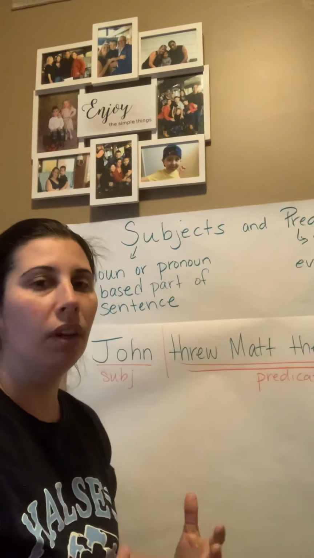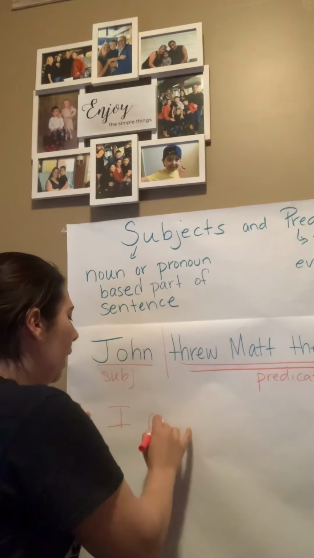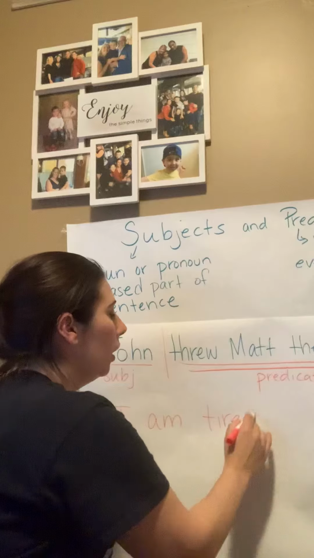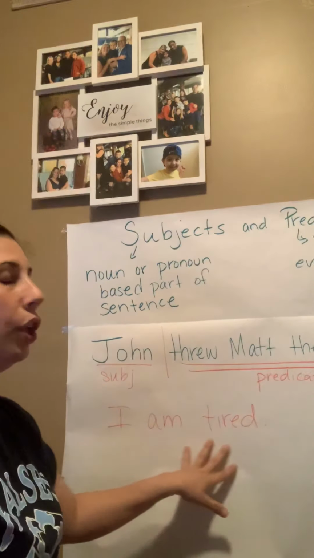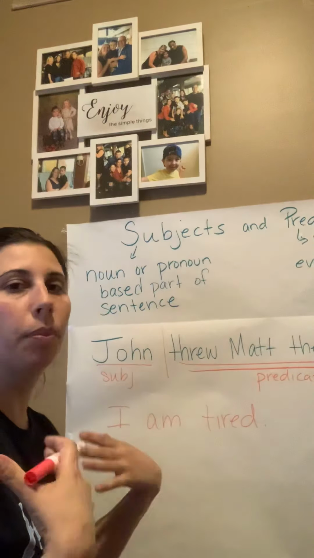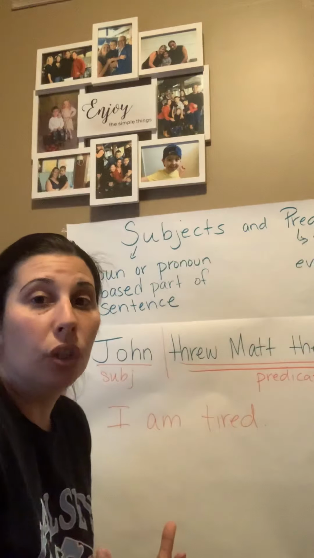Even if I was to say, I am tired, when I look at this sentence, I have to say, okay, what is performing this verb here? Because am is a verb. It's not an action verb, right?